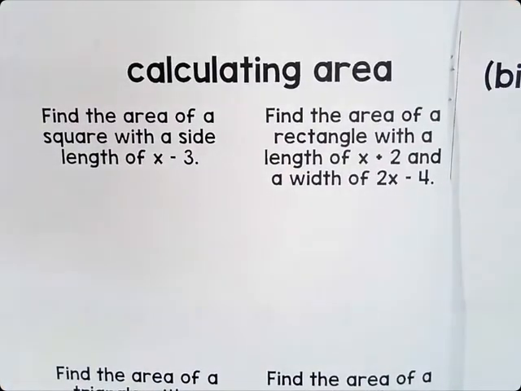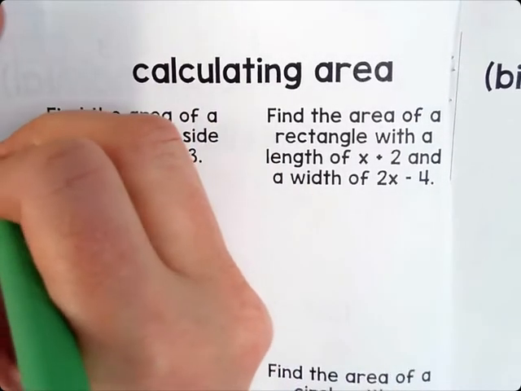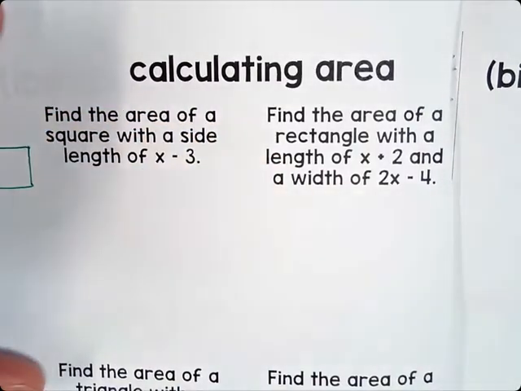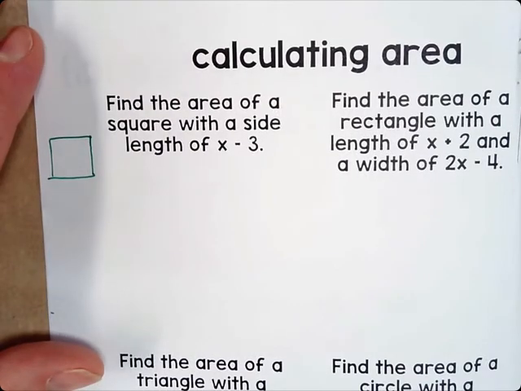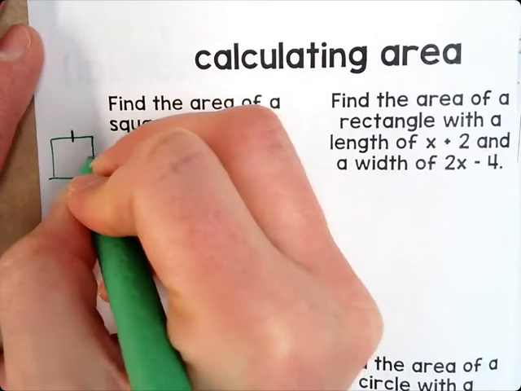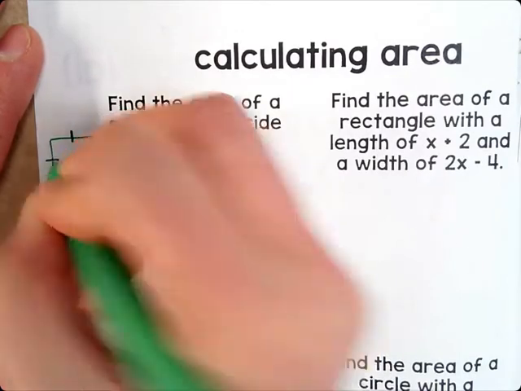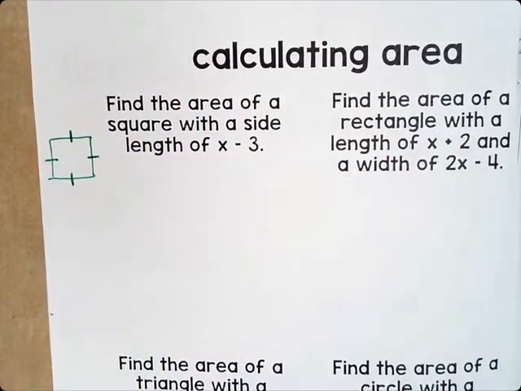Calculating area. Find the area of a square with a side length of x minus 3. Anytime they give us a problem, if this is a geometry problem, I suggest drawing a picture. So we have a square. What do we know about squares in general? All sides are the same. So we can put these little hash marks on each side telling us all the sides are equal.